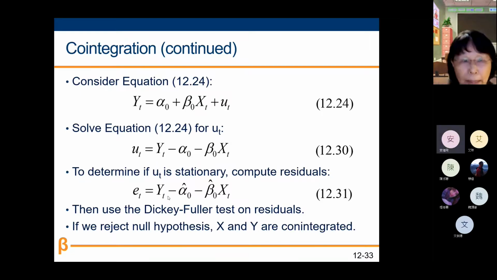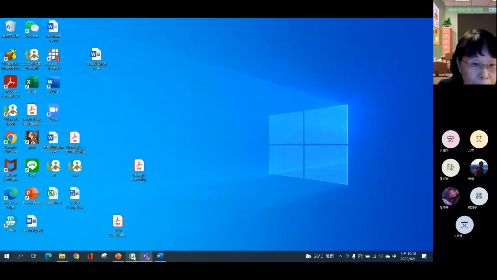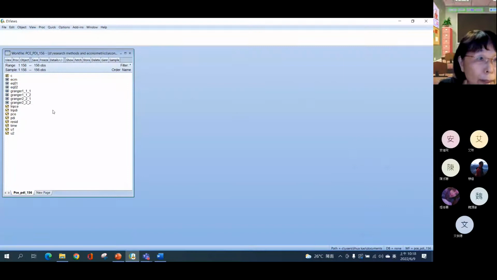If you're clear with that, then let's go back to our example, LMPCE and LMPDI. This is our data, LMPCE and LMPDI.